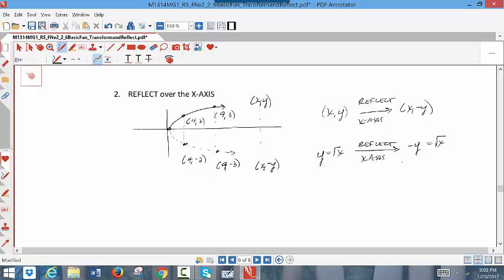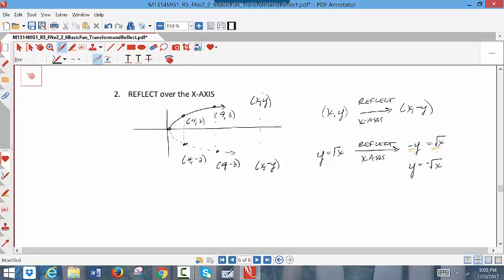Now it's kind of uncommon to have the negative on the left side, so if we were to divide both sides of this equation by negative 1, so it just says y equals, then it would say y equaling negative in front of the square root of x, and that would be your reflection.